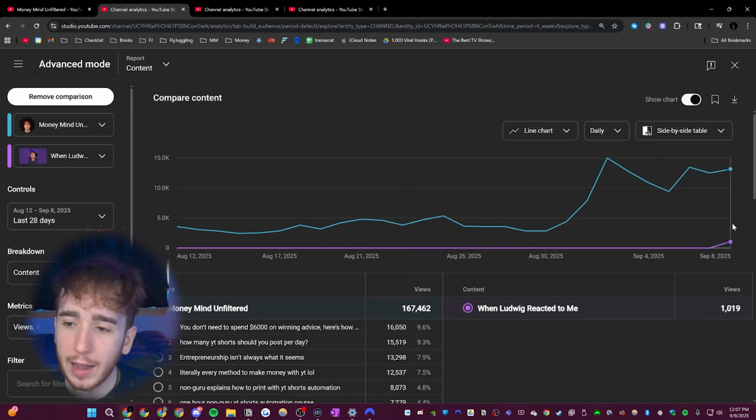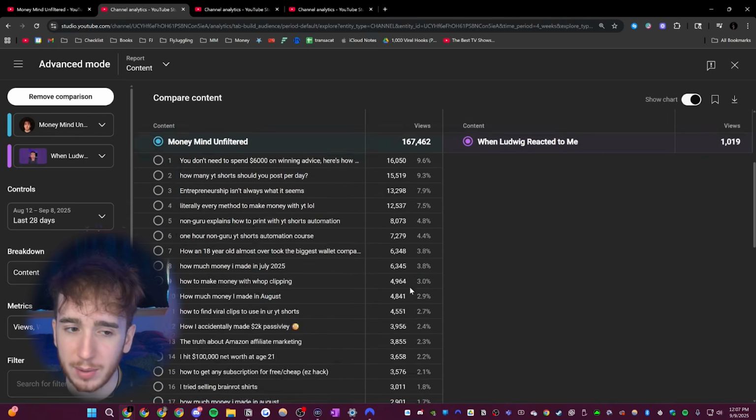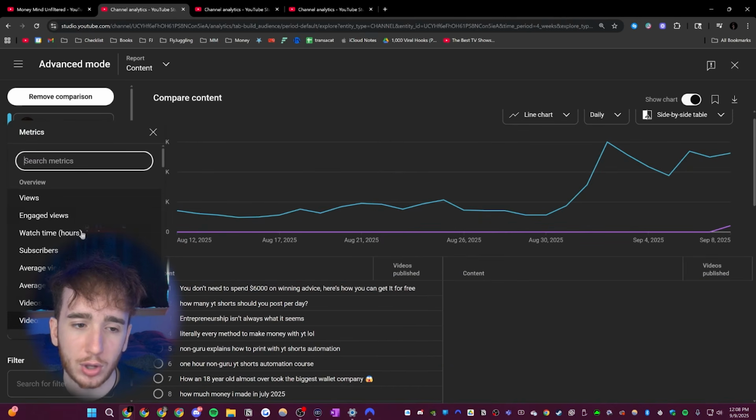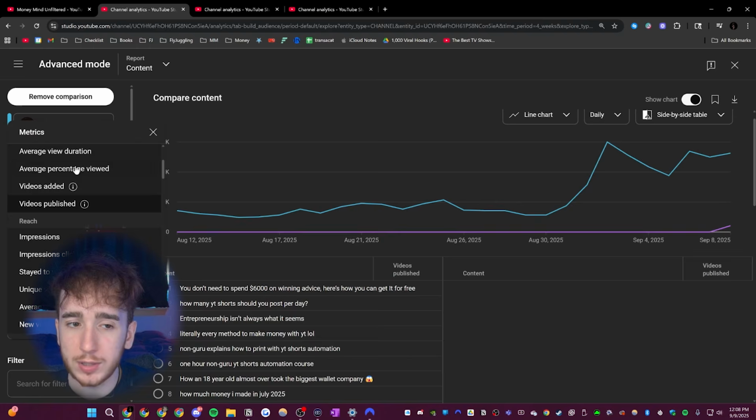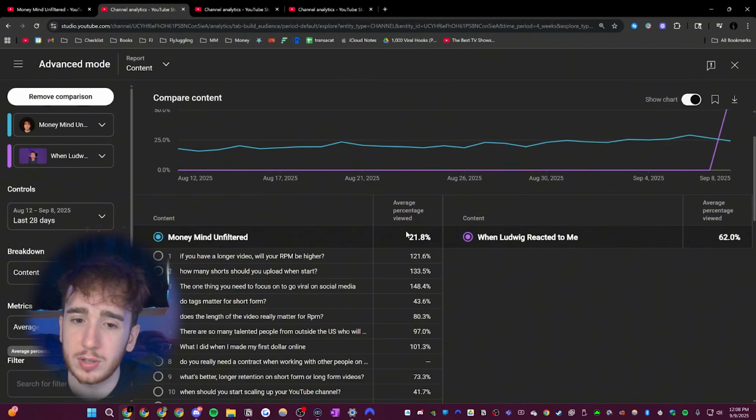And then you could click add and you'd get something like this that showed two different things and the exact amount of views that they got, but you could break it down by other metrics. So I might want to see, for example, what's the average percentage viewed comparing these two groups. And based on that data, I might be able to make better informed choices on what types of videos I should make. Again, this is a little hard to do until you have a large sample size of videos and you can actually look at these numbers with confidence and not have confounding variables.